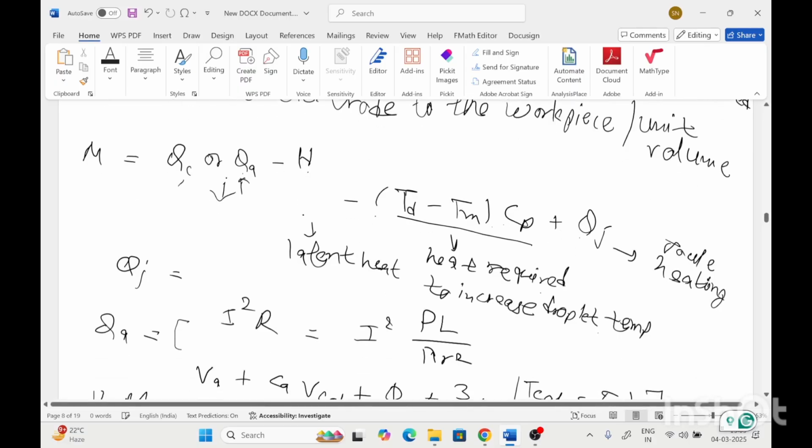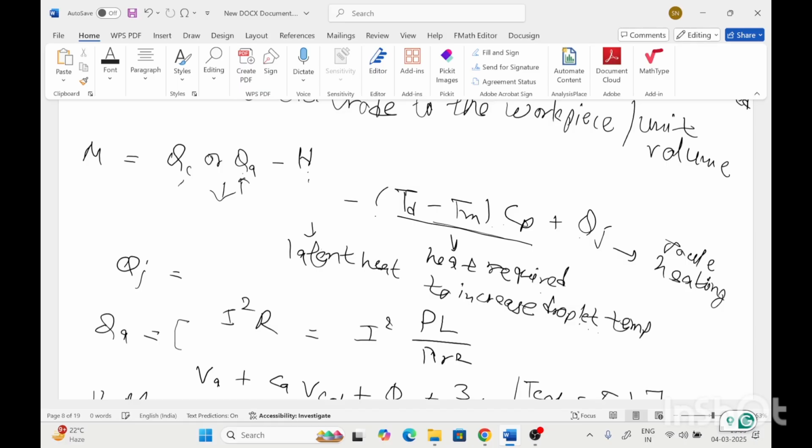So QC and QA, we know these are the heat available at the cathode or anode pole zone, and H is the latent heat of that electrode material, and the next term is the heat required to increase the droplet temperature.